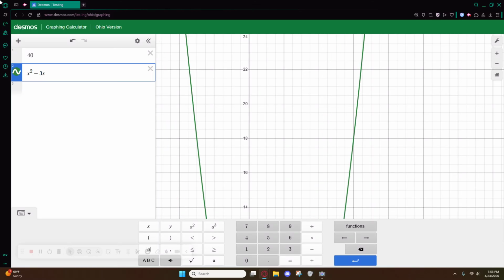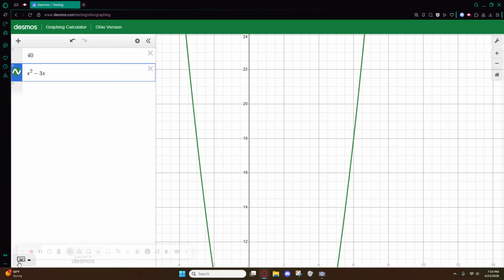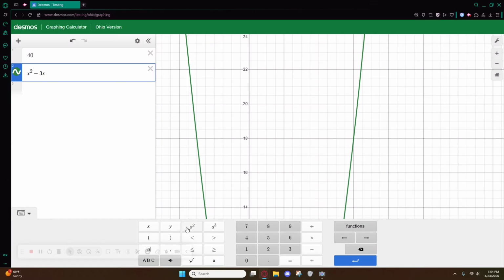As a friendly reminder, to put in x squared, you can either hit Shift 6 to go into the exponent area on your keyboard, or in the bottom left here, there's a little keypad. There's this A squared button specifically for exponents of 2. Or you can hit this A to the B button, which will let you put in whatever exponent you want.